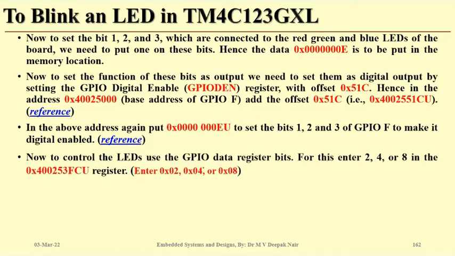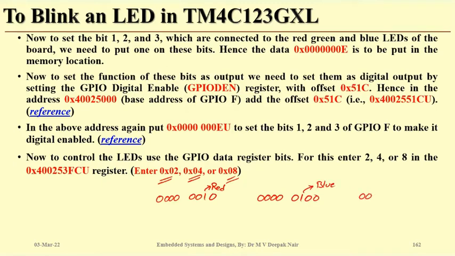Now after that, we just have to go to the data register and then write the values corresponding to the LEDs. For example, 02, so 0000 0010, this is the red LED, right? 04, so 0000 0100, this is our blue LED.